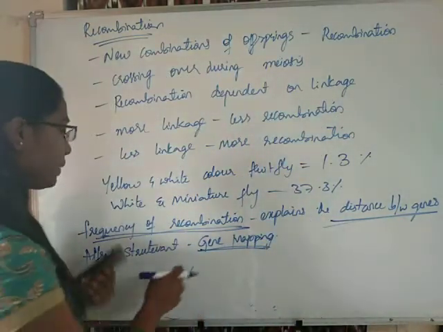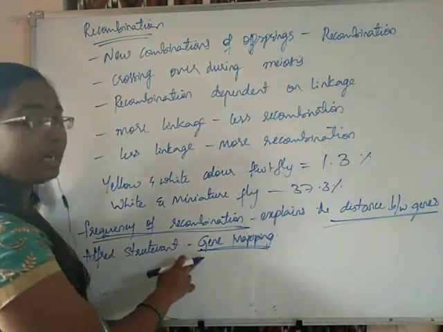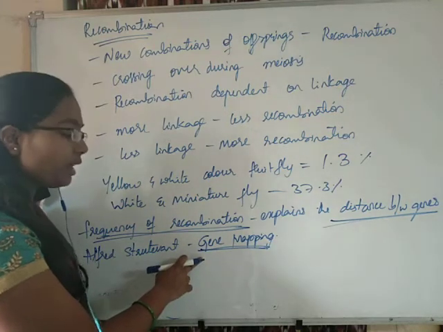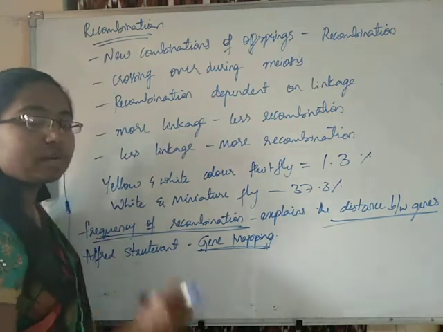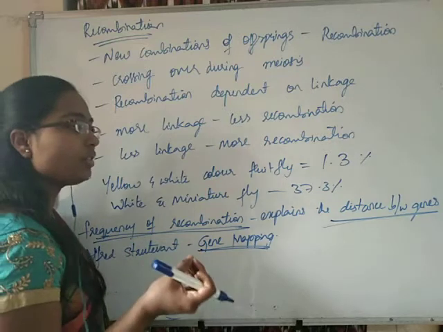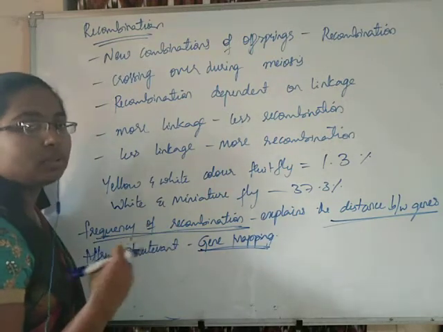Okay, so in this way, Alfred Sturtevant invented gene mapping, in which by using the frequency of recombination we can understand the distance between the genes.